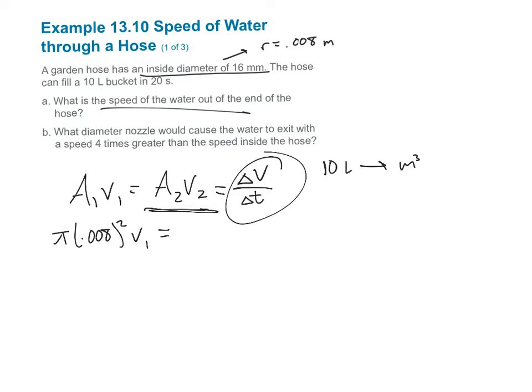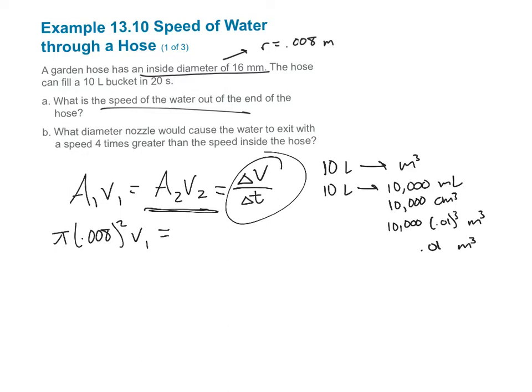So 10 liters is 10,000 milliliters, which is equal to 10,000 centimeters cubed, which is equal to 10,000 times 0.01 cubed meters cubed, which is 0.01 meters cubed.